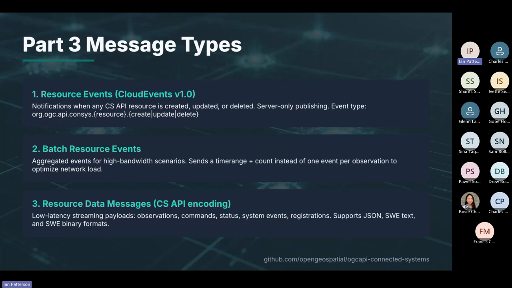Then the last message type is just a resource data message, and these are going to be any of your standard connected systems API encoded payloads. So again, SWE JSON, GeoJSON, SWE CSV, SensorML, all those things.